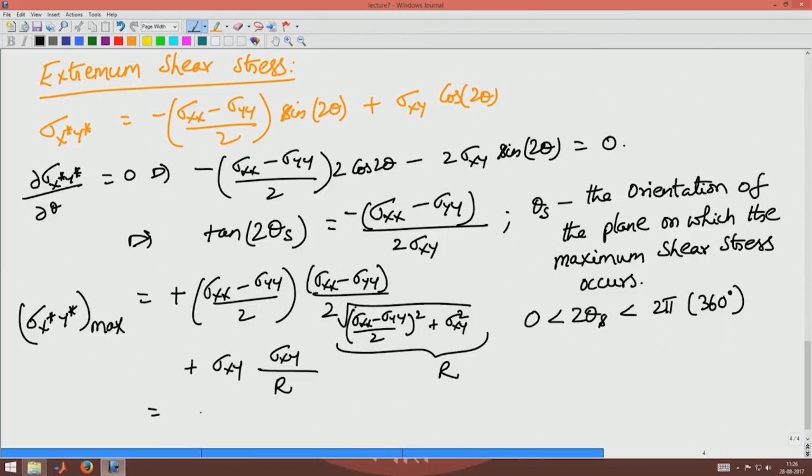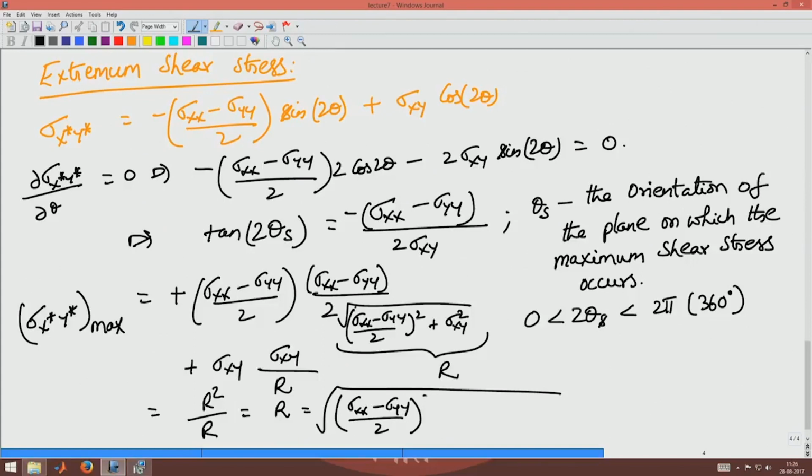This is nothing but r square divided by r, which is nothing but r, that is square root of sigma xx minus sigma yy by 2 the whole square plus sigma xy the whole square. Okay. This is sigma x star y star maximum.